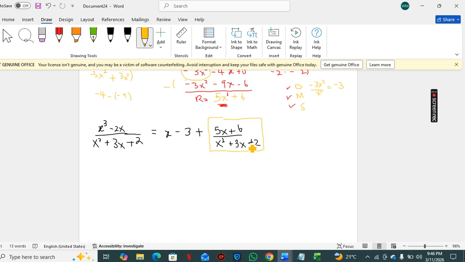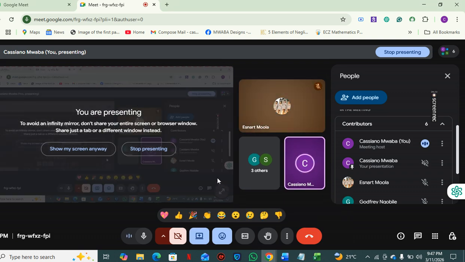So we need to simplify this quadratic expression. So x squared plus... I hope you remember how to factorize quadratic equations. Do we all remember how to factorize? Madam is not okay factorizing. Mr. Godfrey, are we okay with it?